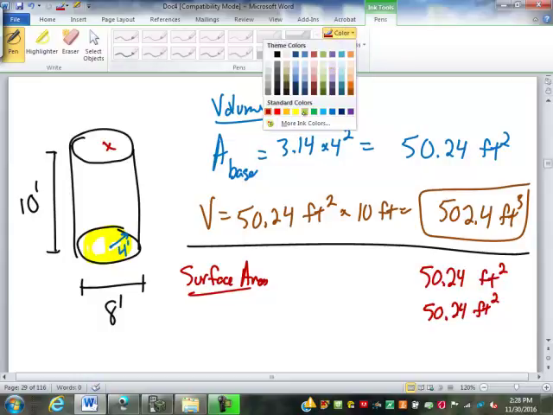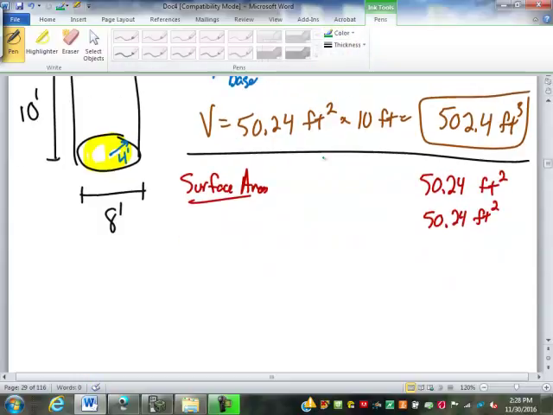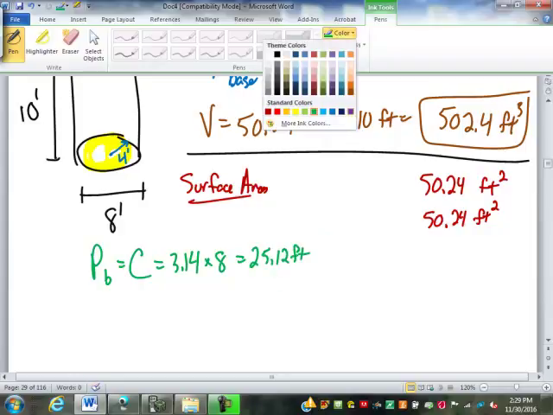For my lateral area, I once again need the perimeter of my base. Since the base of this is a circle, that's just a circumference. So that'd be pi, 3.14, times the diameter of 8. So 25.12 feet.